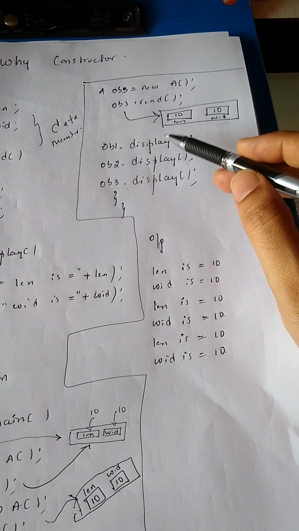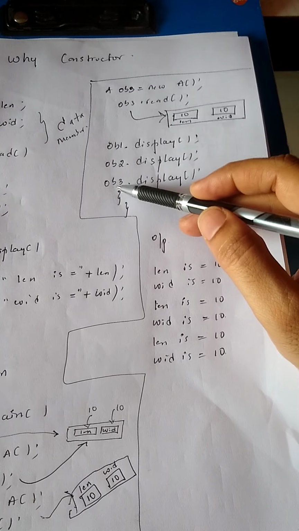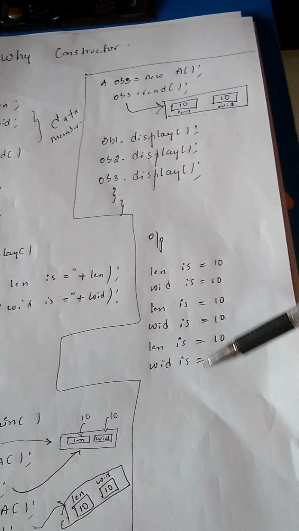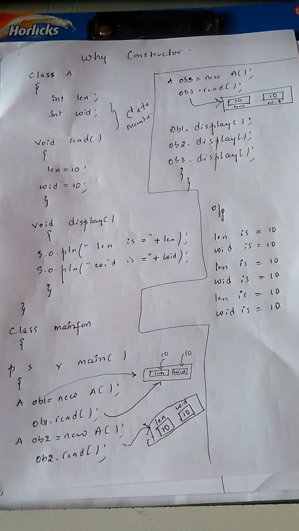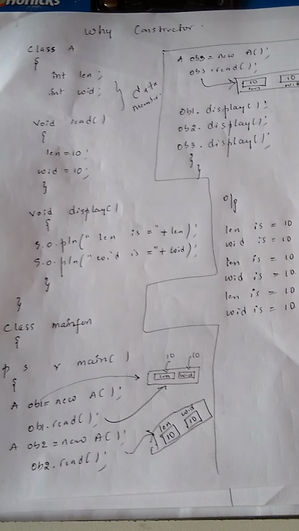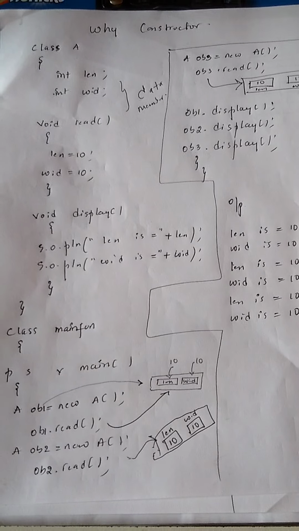Next I'm calling the display function with respect to object 1, object 2 and object 3. The display function will be executed, and you'll get output in this way. Now in this particular program, if I create n objects, I have to call the read function n number of times.